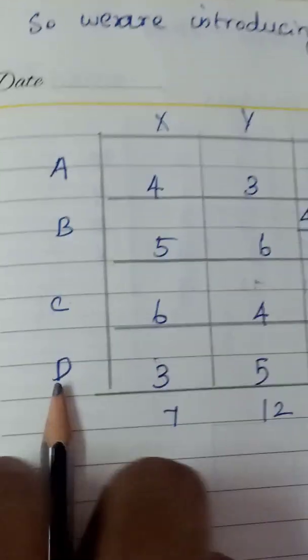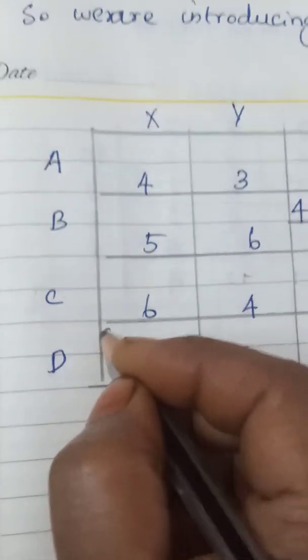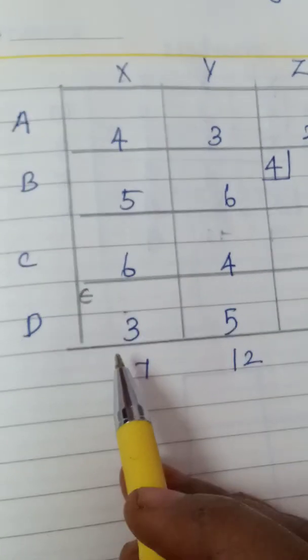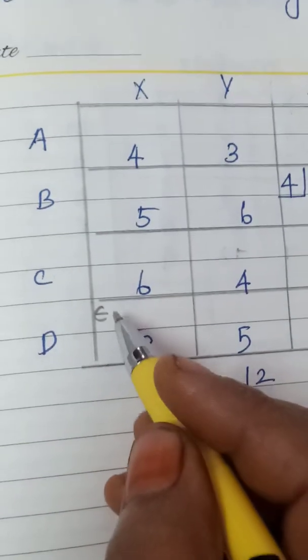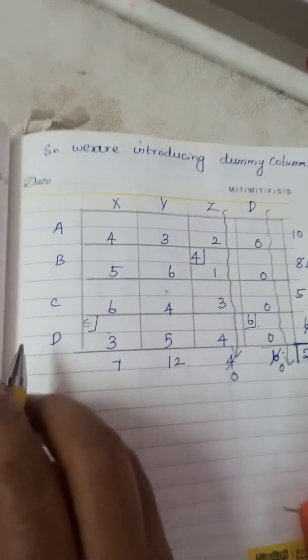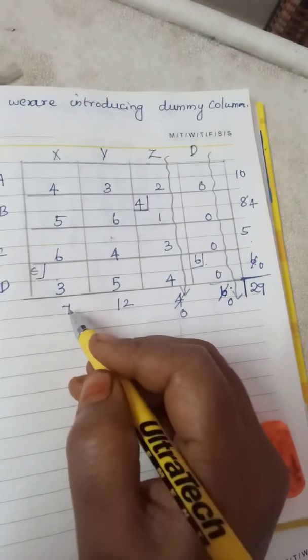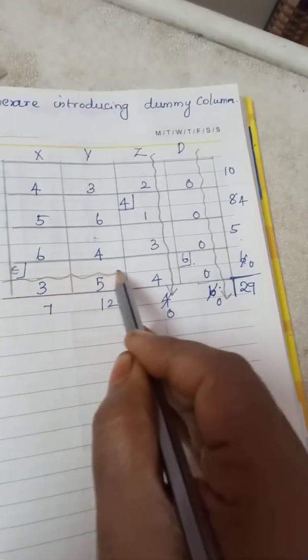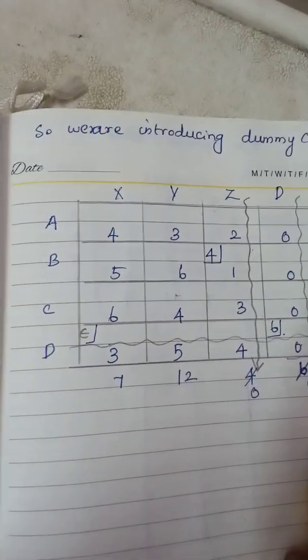So now we choose epsilon here. Epsilon minus 7 we get 7 only, and 0 minus epsilon gives 0. So now we remove this row.